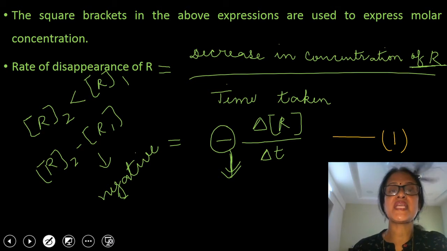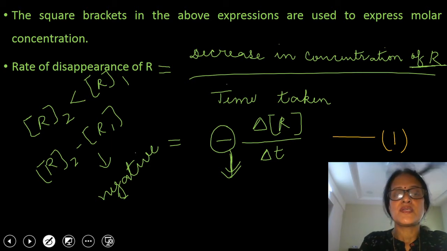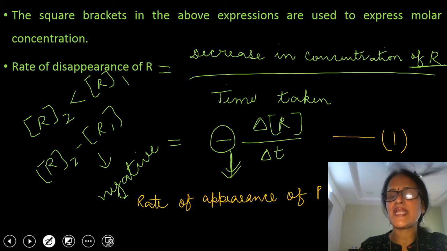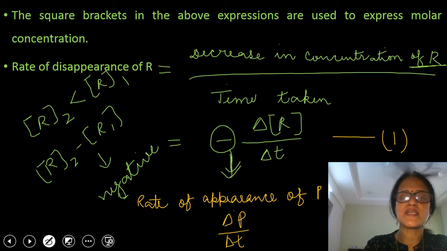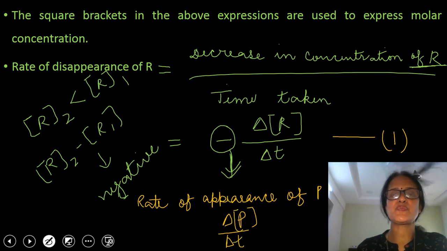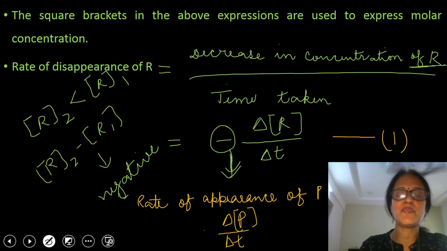In the same way, we can express the rate of reaction in terms of increase in concentration of products. So we can write here rate of appearance of P will be equal to delta P by delta T. And as you know, delta P is equal to P2 minus P1 and P2 is greater than P1. So this term will be positive.